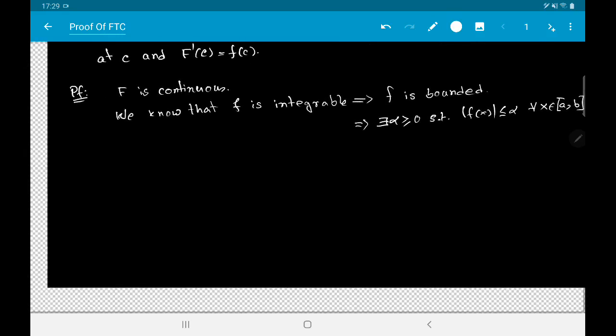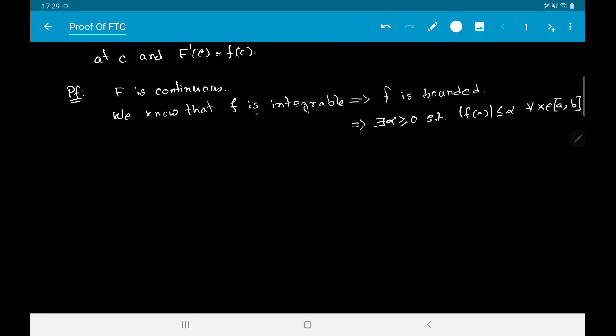Okay, fair enough. So now if I want to show that big F is continuous, then I should definitely look at this quantity somewhat closely. And what is this quantity? This quantity is given by 1 by x minus c. Okay, so what was F(x)? F(x) was the integral from a to x of f(t) dt, minus F(c).